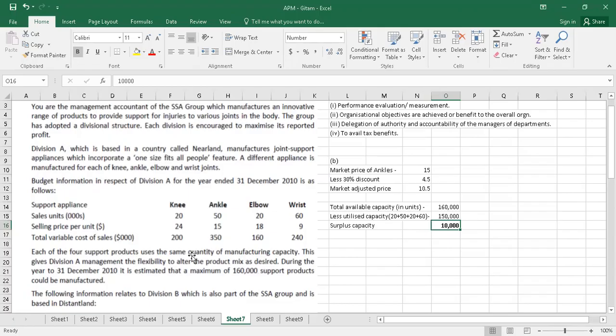Let's present it as variable cost per unit. Let's have a table because later on we also need this table for certain other calculations. Right now I'm putting all these details for all the 4 products. First one is knee. Then we have ankles, then elbows. The final one is wrist.